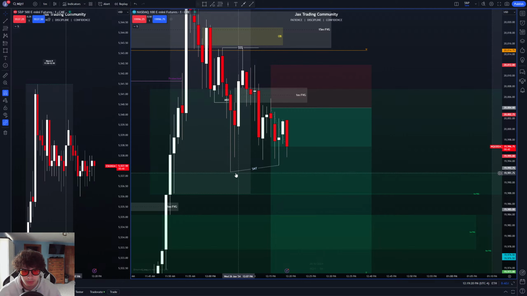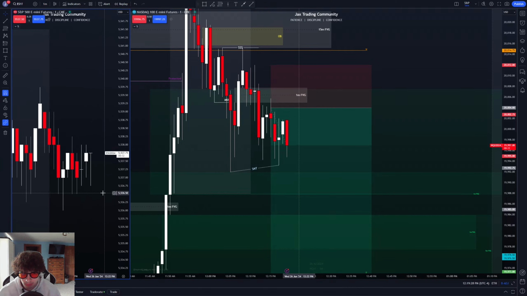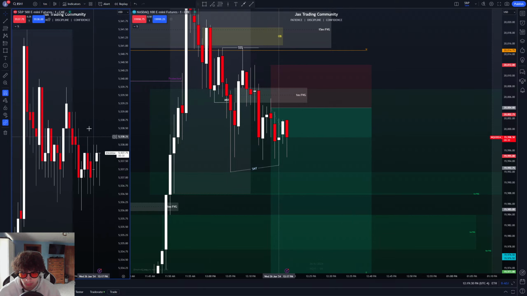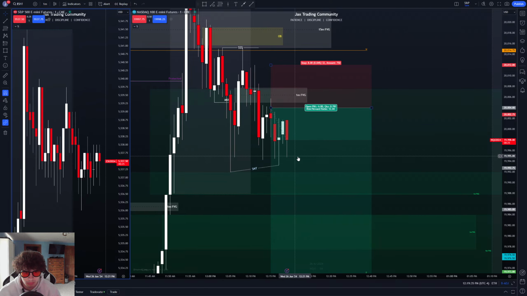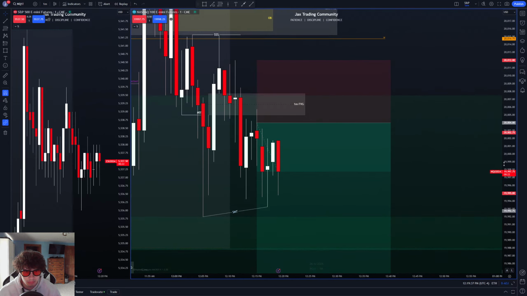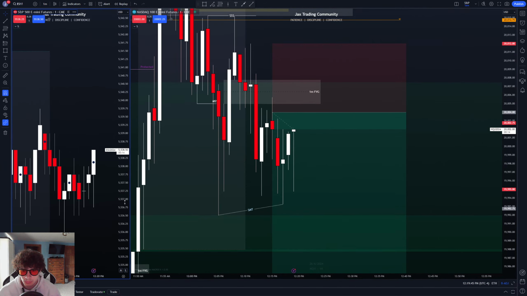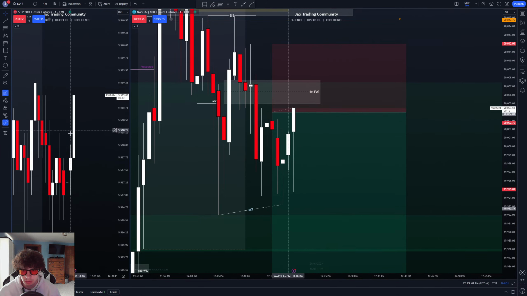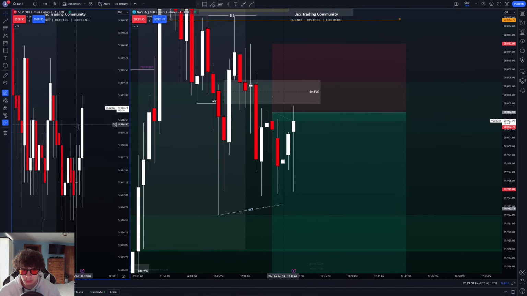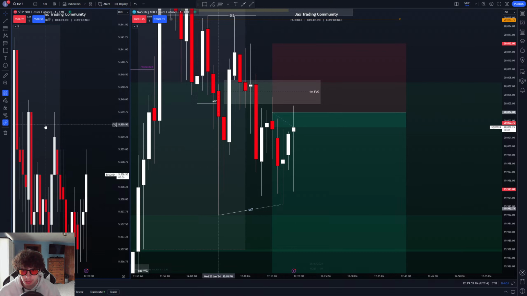Come on, we gotta break this SMT. If ES ends up creating a breakaway gap right here, it might actually take this high before this high gets taken.